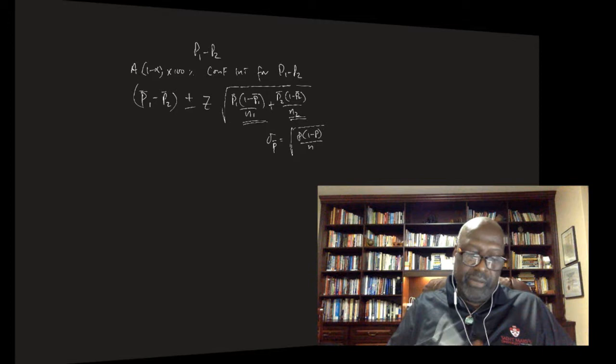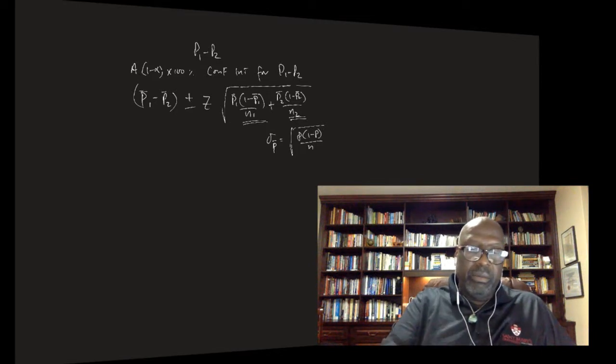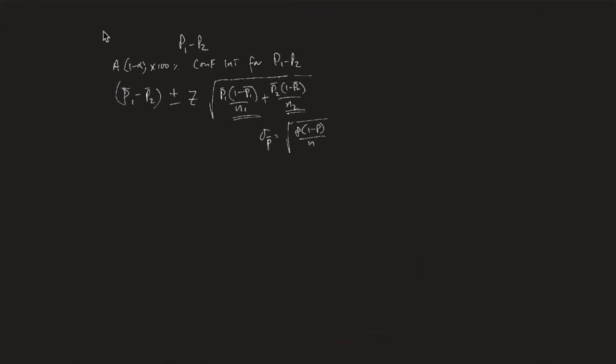What's our test statistic formula? I'm going to shift over to this page right here so we can see better. So if we are now testing a hypothesis for the difference between P1 and P2, our test statistic will look like this. Z is equal to, and in our null hypothesis, we're going to assume that H0: P1 minus P2 is either greater than or equal to, less than or equal to, or equal to 0.